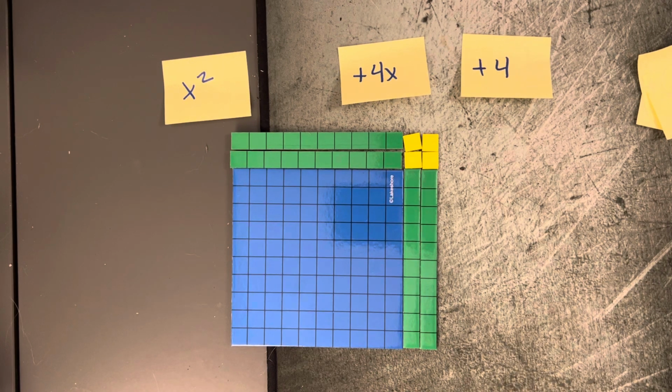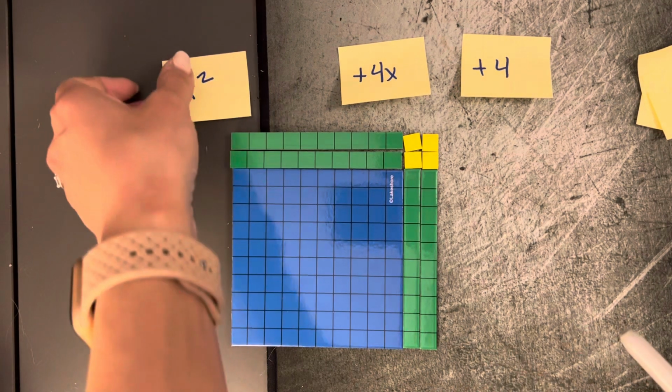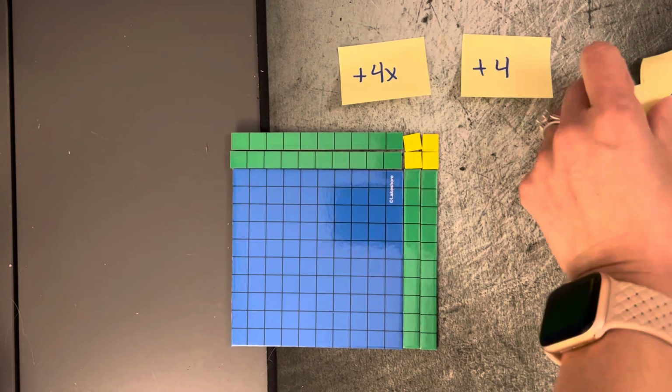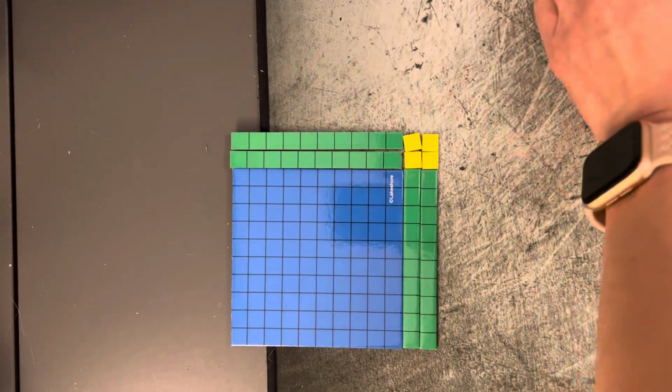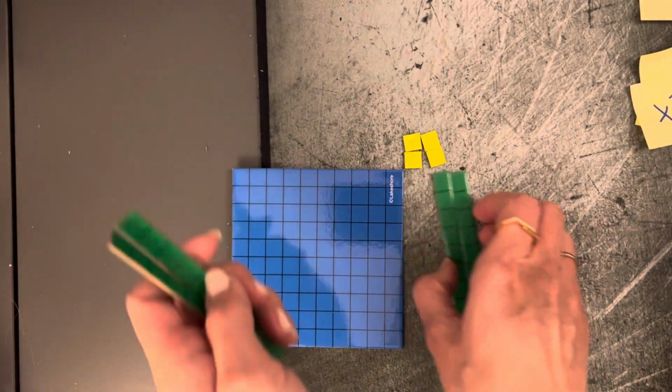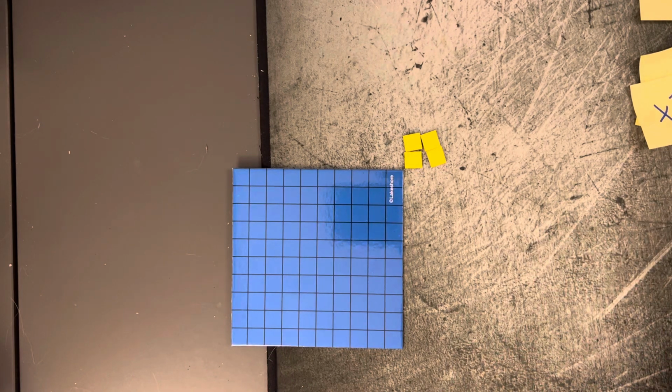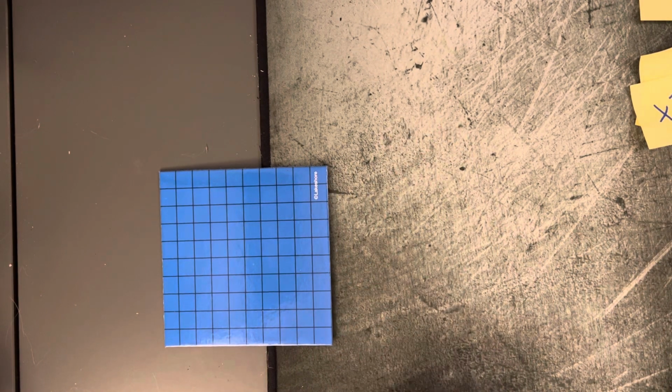Okay, so let's look at a slightly more complex example. Let's say that we have x squared plus 1, 2, 3, 4, 5. We need some more rods. Let's do 8x this time.